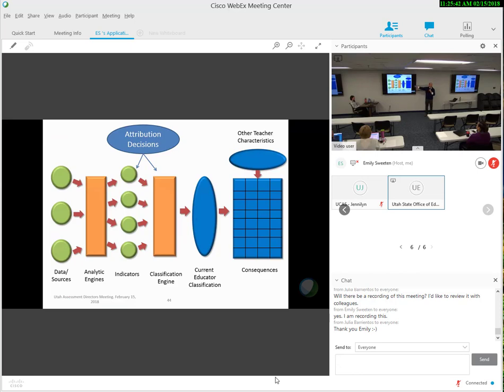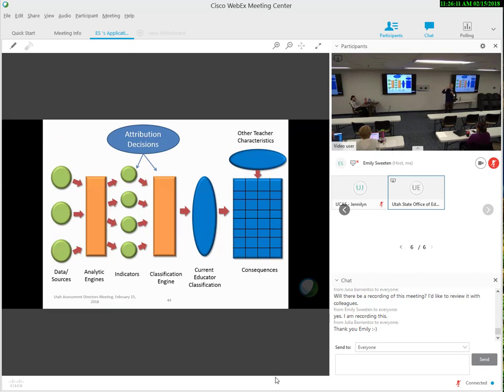We have these analytic engines, whether they're VAM or SGPs or something else, and then we classify them. Somebody asked, is 50 good or not good? That's a classification decision. We say, well, we've said here that above 50 is good, or things like that. And then we have their current classification. But in this case, we have these indicators, these classifications. What do we attribute that to?